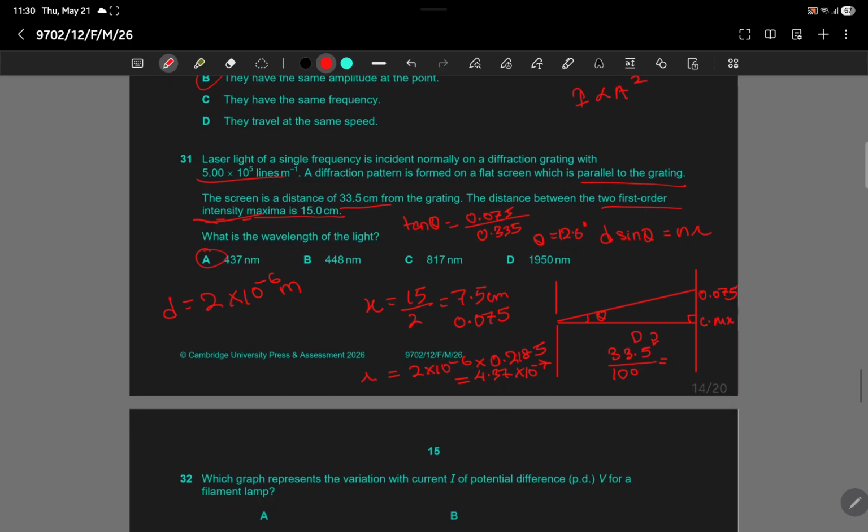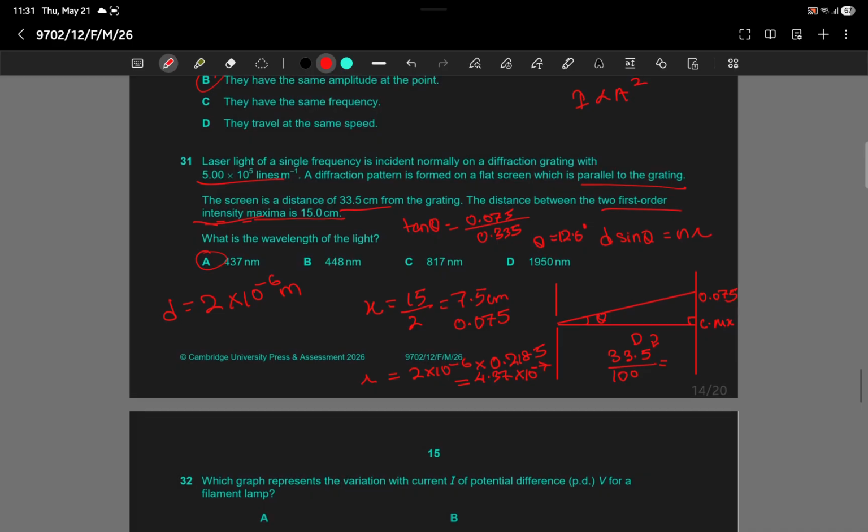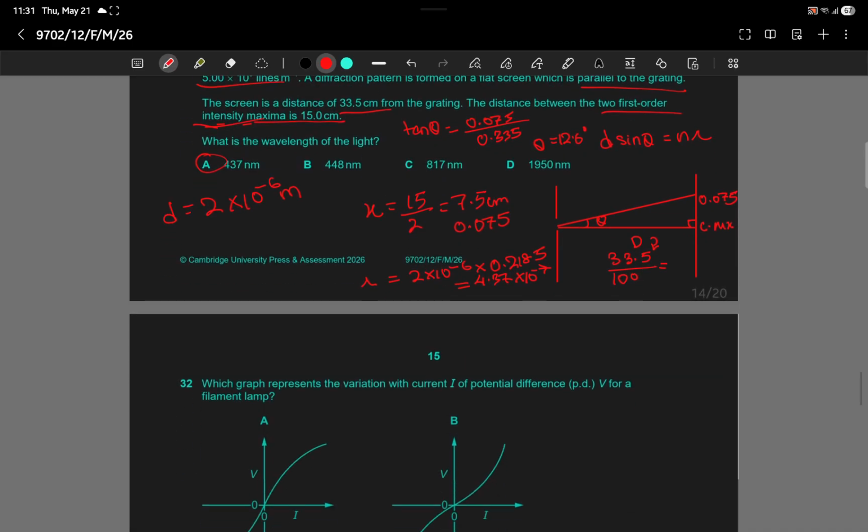Okay, so this question was pretty tricky. It needs a bit more thinking, but it's possible if you draw a diagram.